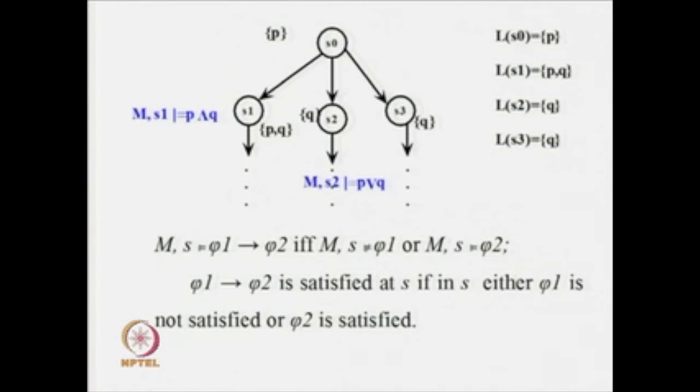Now, look again at the model that we have: S0, S1, S2, S3, with this tree-like structure and these labeling functions.